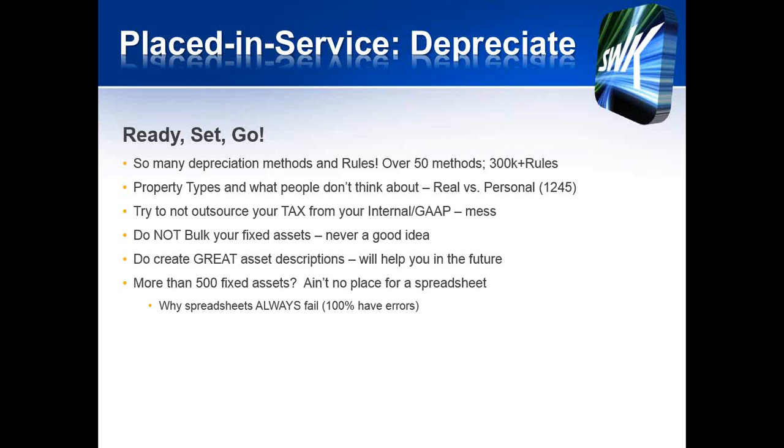And on your side, if you're in GAAP land, I'll call it, if you're in finance, and you're updating the cost of that asset to the internal book, that's awesome. But are we all on the same page and updating that for tax as well? Because if we're not, we're missing out on more depreciation expense, which puts more money back in our pocket at the end of the day, right?